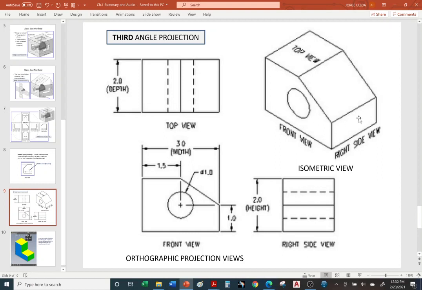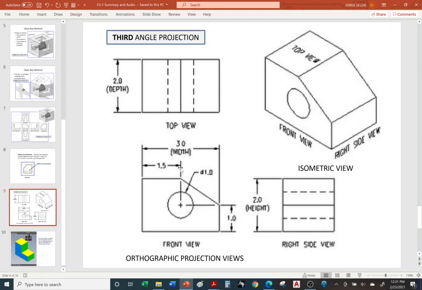Because of time and the wealth of material we're covering, we don't have a lot of time to spend on isometric views, but I will provide an extra credit assignment later on for those of you that feel the need to practice or just want to learn how to create isometric views in AutoCAD. And by the way, in our next class session, we will be jumping in on AutoCAD. So I know some of you want to jump on AutoCAD as soon as possible. That'll be our next class session.